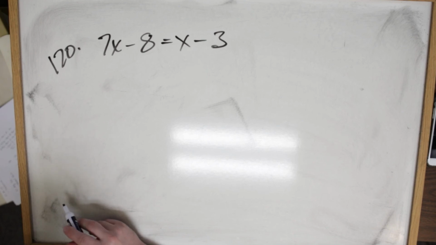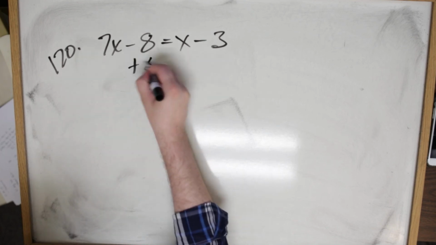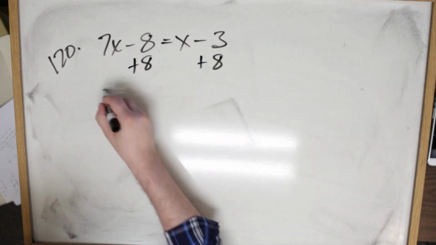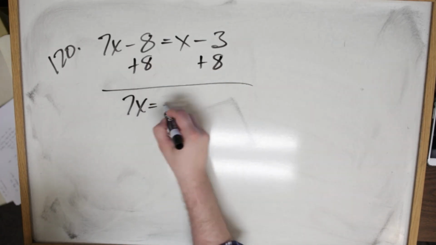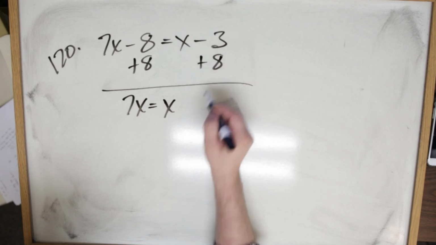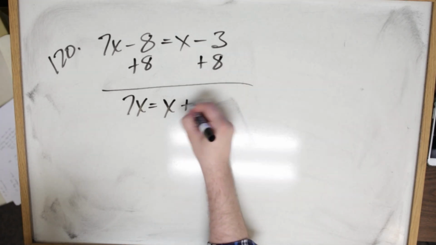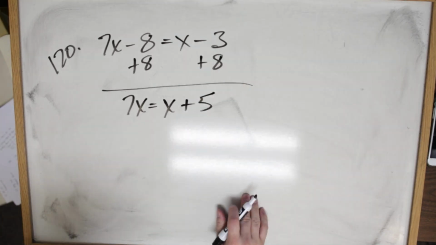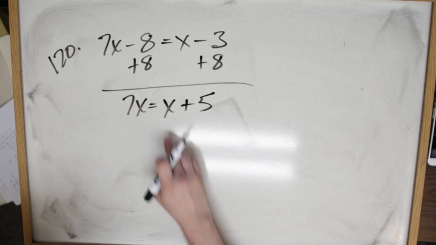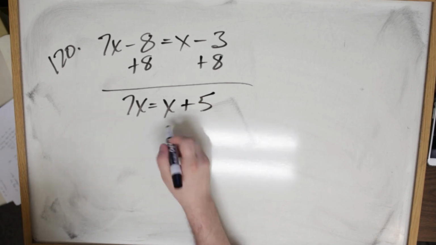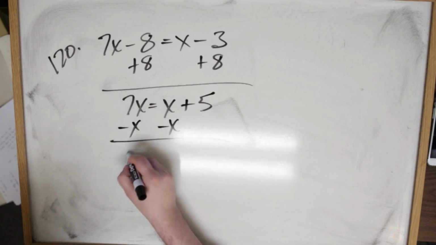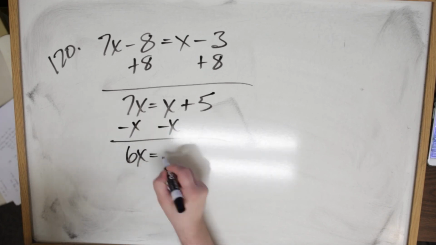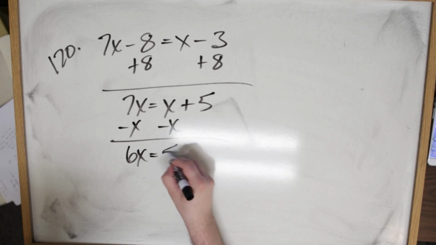So let's add 8 to both sides to get rid of that 8. So 7x is equal to x minus 3 plus 8, which is going to be a plus 5. Okay? And now I can subtract x from both sides, and I get 6x is equal to 5.